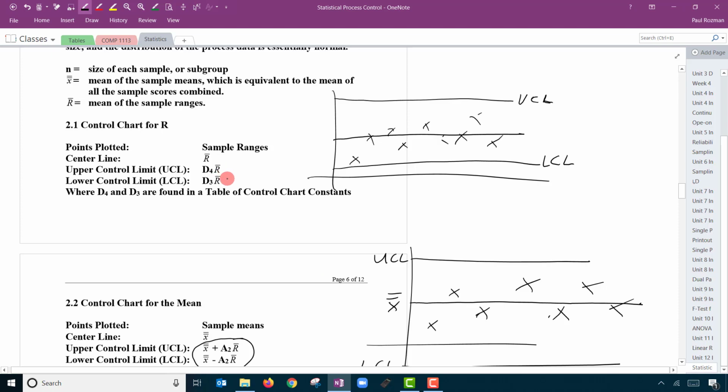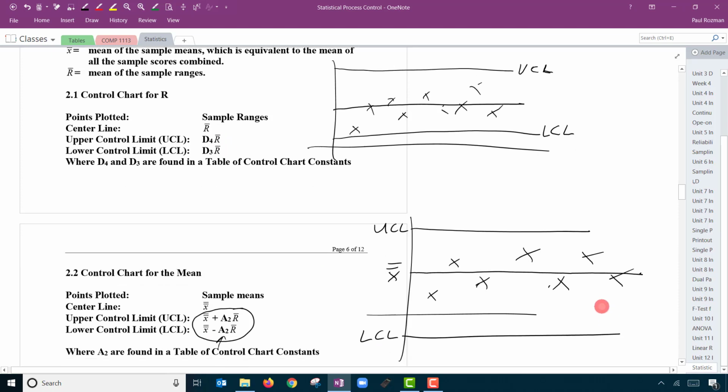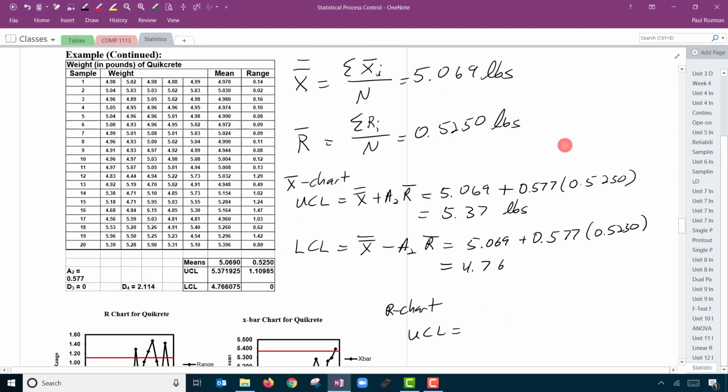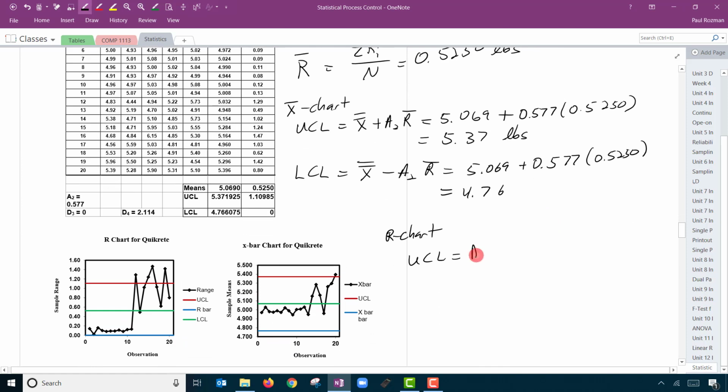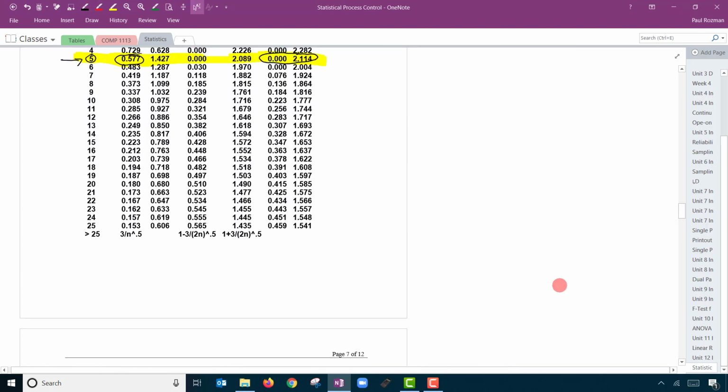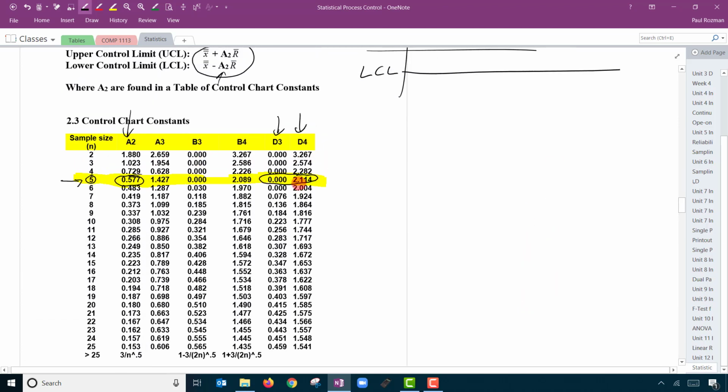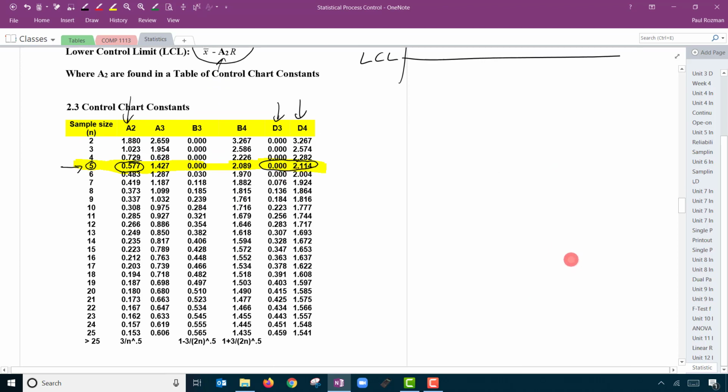It's D4 R bar for the upper control limit, and the lower control limit is D3 R bar. And now go back to your chart and find D4 and D3. D4 is 2.114 and D3 is 0.